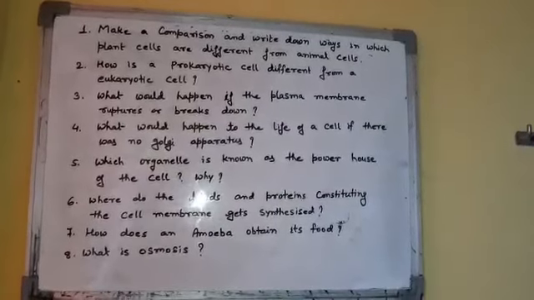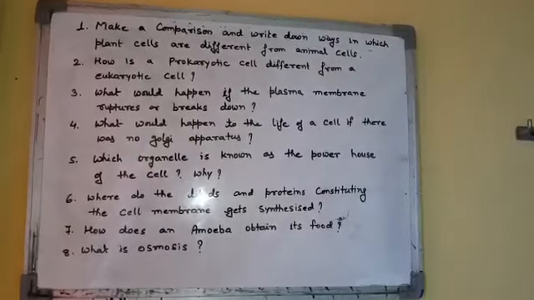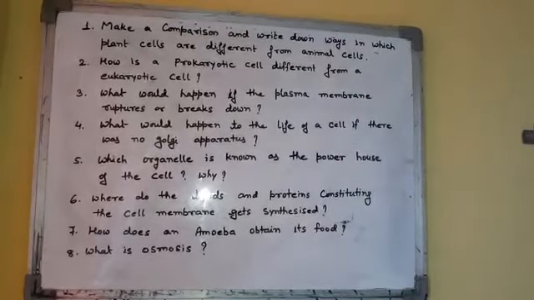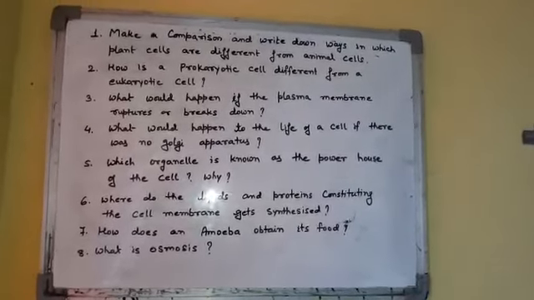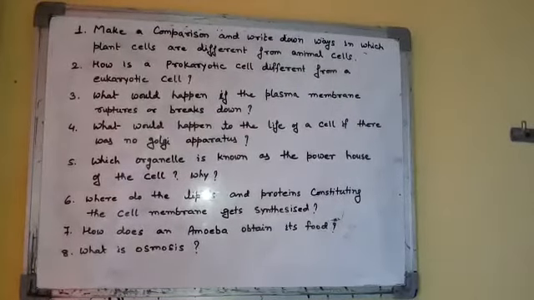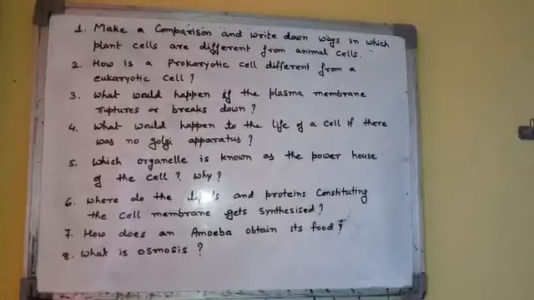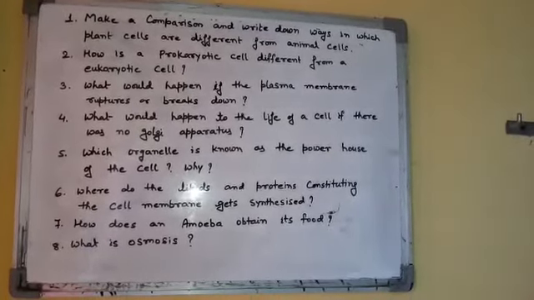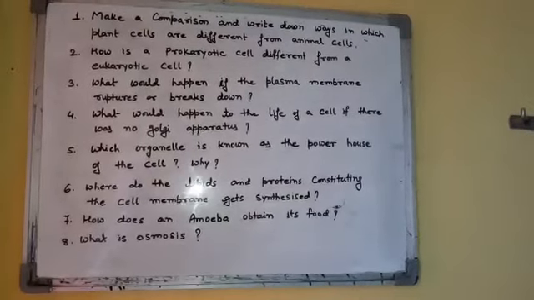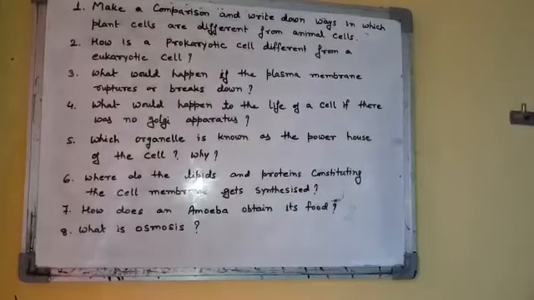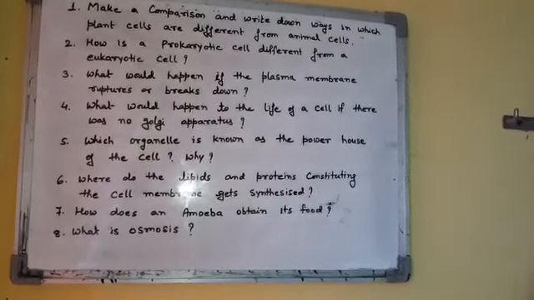Golgi apparatus is responsible for packaging and modification of proteins. It makes lysosomes. It helps in formation of cell membrane, and in case of plant cell, cell wall also. So these are the functions performed by Golgi apparatus. So now you think what would happen if Golgi apparatus is not inside the cell, and write it down pointwise.